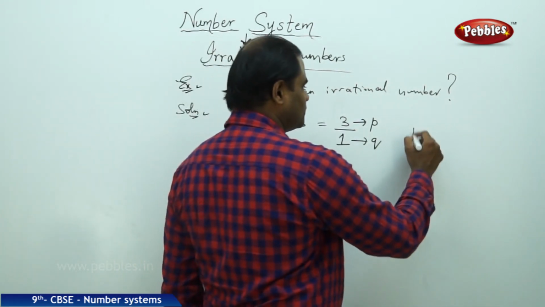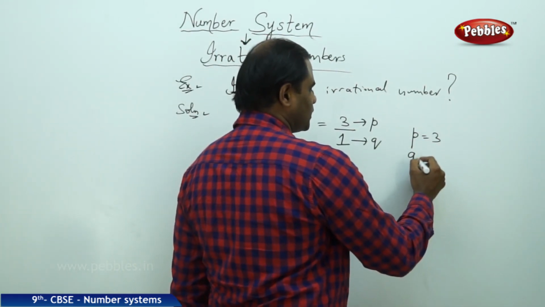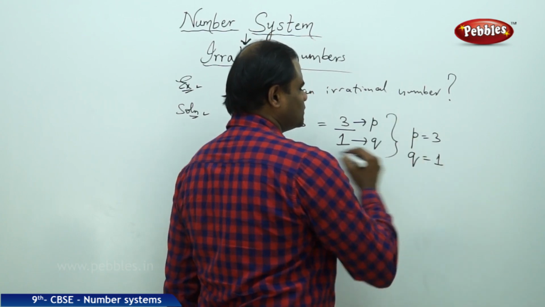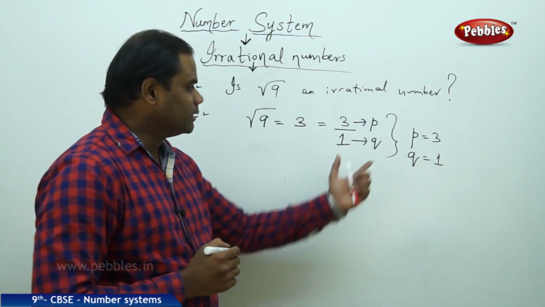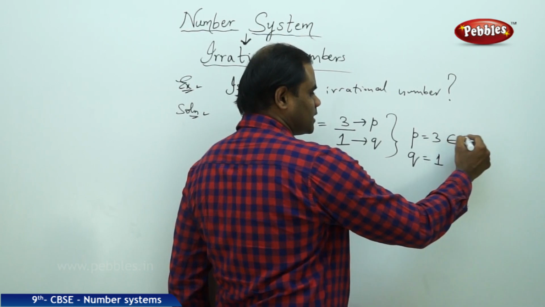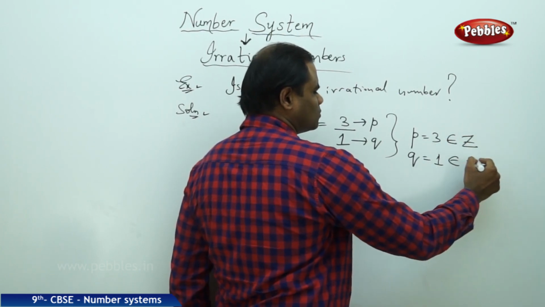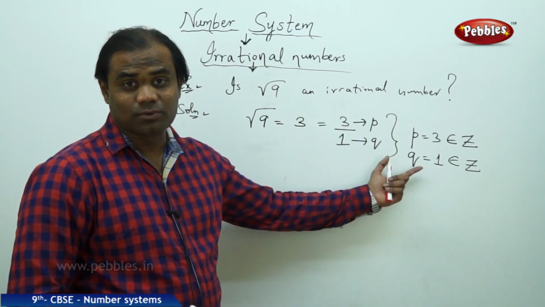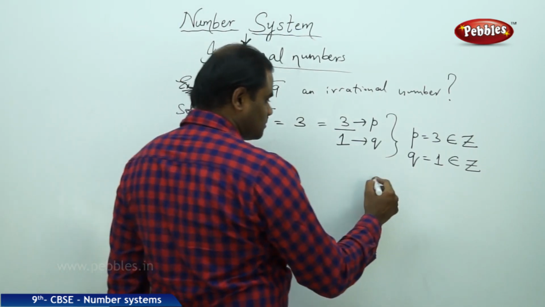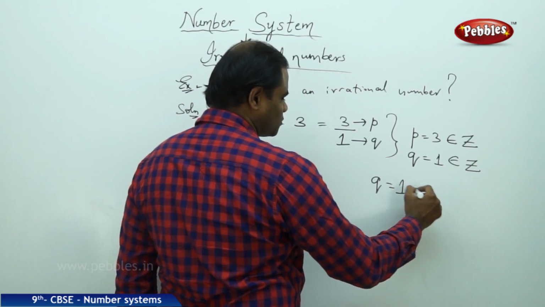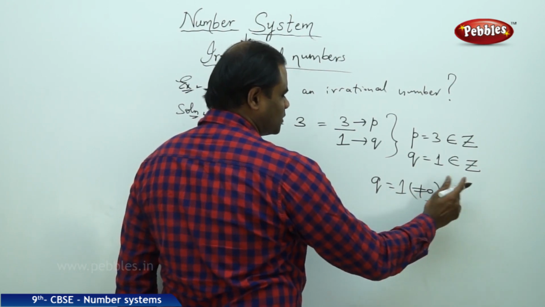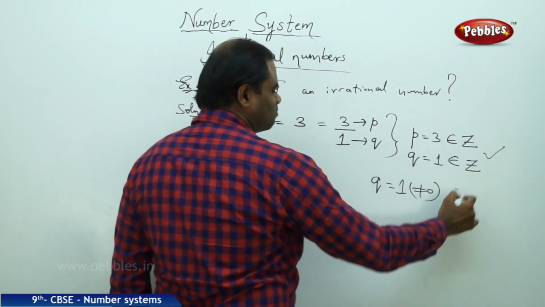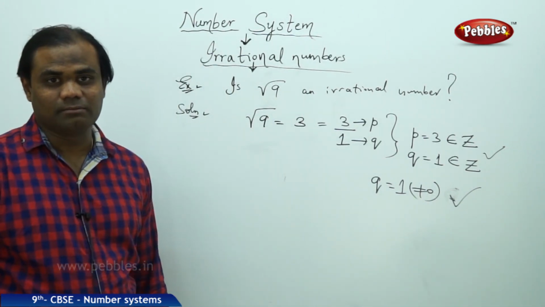Therefore, I have my p which is 3 and I have my q which is 1. And clearly these two pass test number 1, which is that p and q belong to Z. And test number 2, because q equal to 1 can never be equal to 0, therefore this passes both the tests of the rational number.